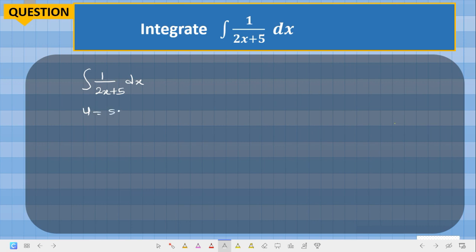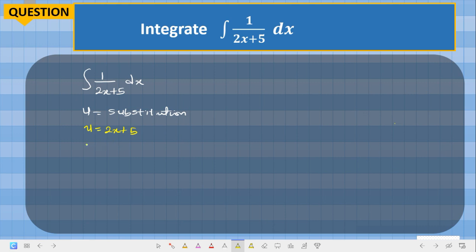By what? Substitution. Okay, now what you are going to say is let everything under be equal to u. So we can say that u is equal to 2x plus 5. Now if u is equal to 2x plus 5, differentiate u with respect to x. That is the next step.